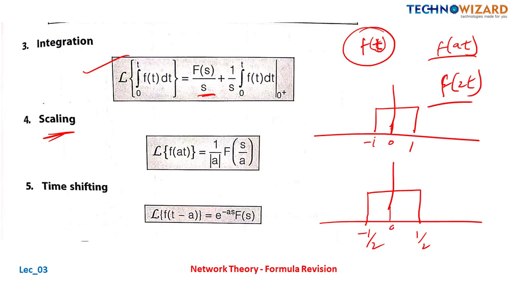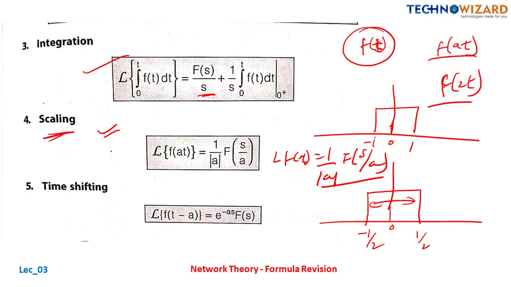This is how you can scale your signal. Okay, thus length will be reduced as compared to the first signal. Okay, in Laplace domain this will be represented as Laplace of f of at is equal to 1 upon magnitude of a f of s upon a.